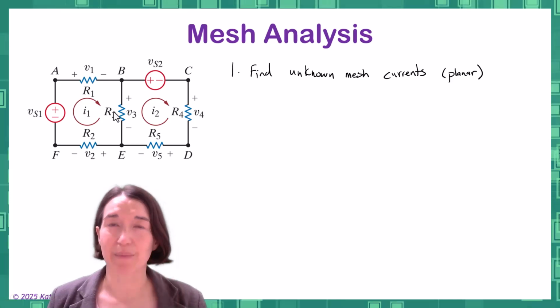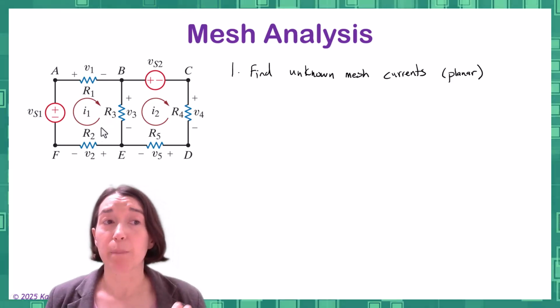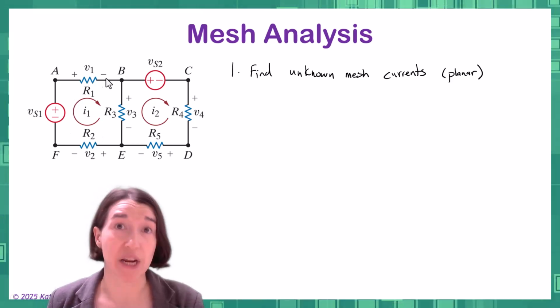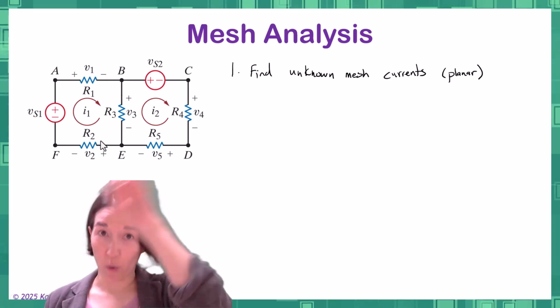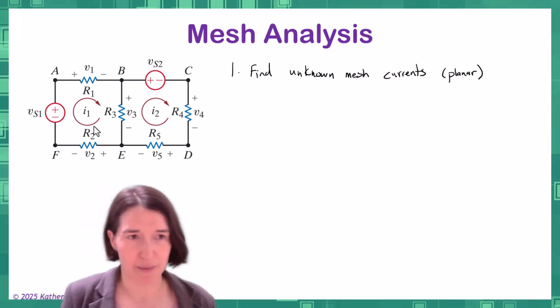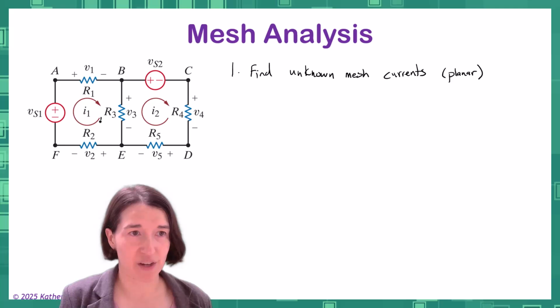This sometimes gets a little bit confusing for people. The mesh current is not necessarily each branch's current, but it is the equivalent current that would be going in a loop. So, okay, let me draw over this. Here's our mesh current.